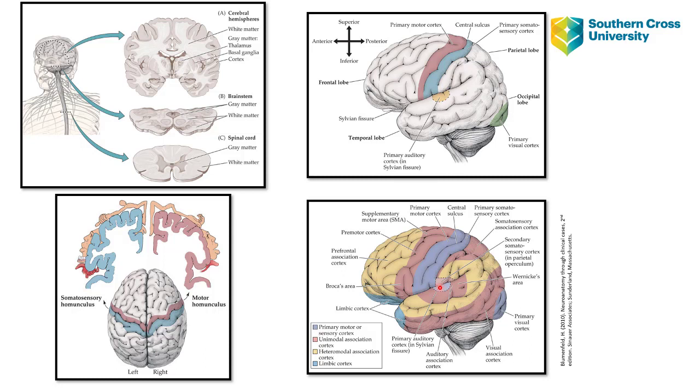We have what's called unimodal association cortex areas, and that's these red or pinky parts. And so we have our primary somatosensory cortex, but just posterior to that, or caudal is a term in neurology, is the somatosensory association cortex.